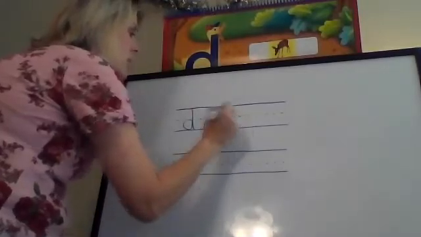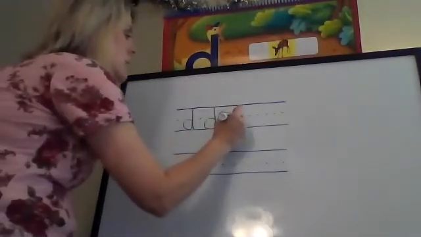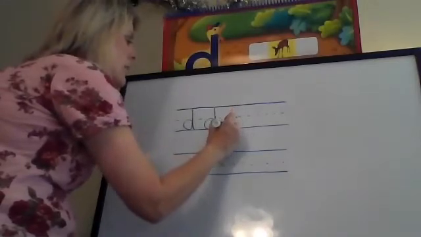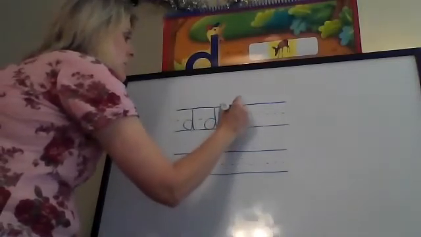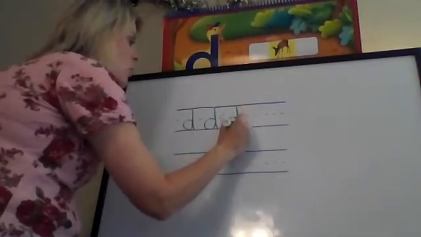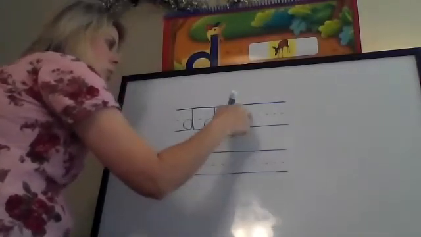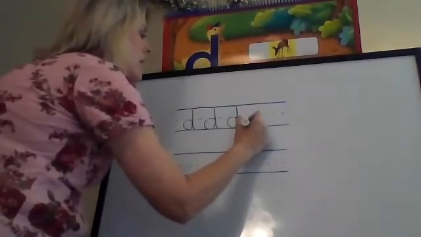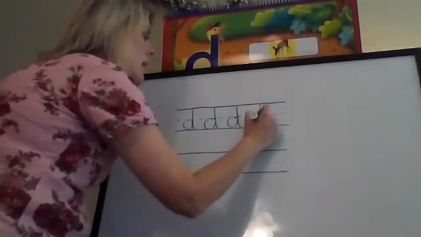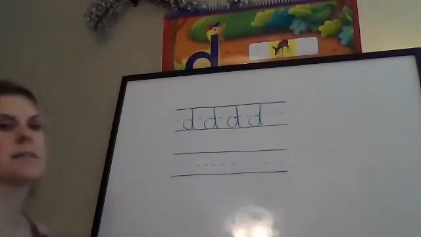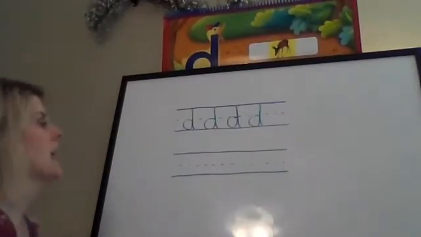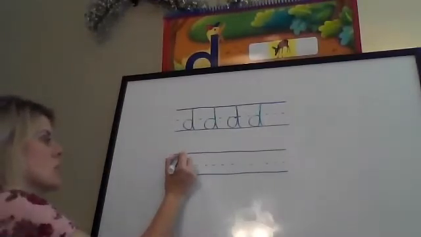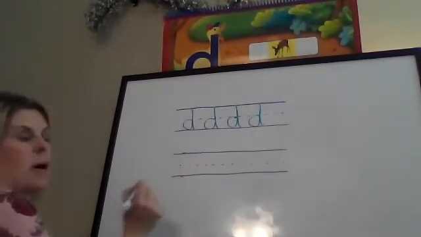Again, remember you can make a little dot like I do to help me know where to get started. Keep that big kind of round bubble looking part within this dotted line and that bottom line. Up and down. That's the lowercase d. Now the uppercase D, remember, is going to touch this top line and this bottom line.